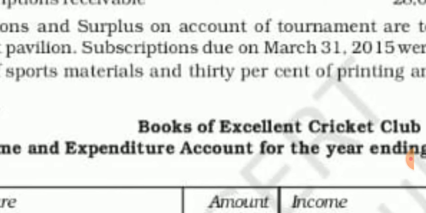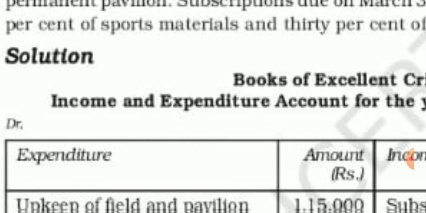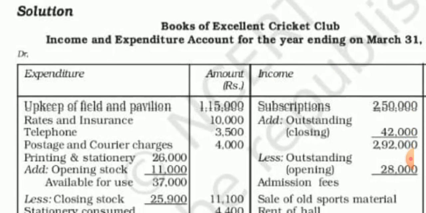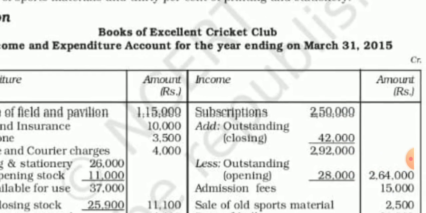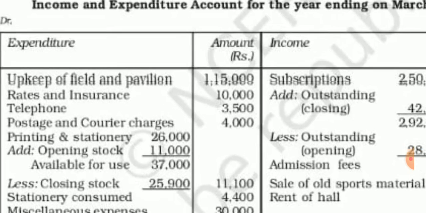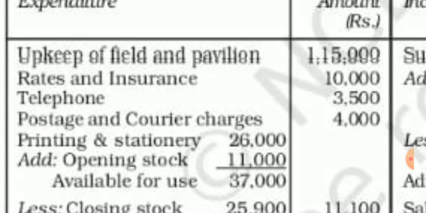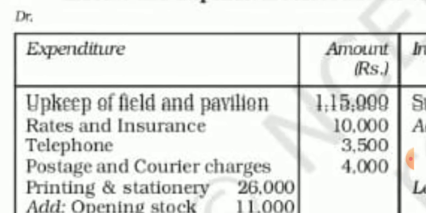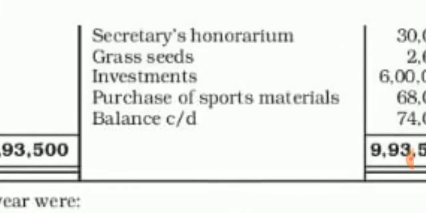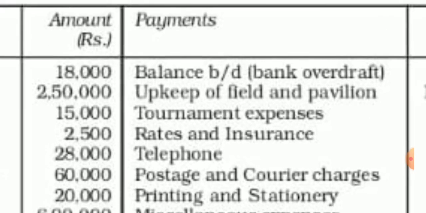Now we are going to start making the income and expenditure account. First make the proforma, with expenses on this side and income on this side. Then start with the expenses. We are going to take all payments as expenses in the income and expenditure account. First see the payment side.